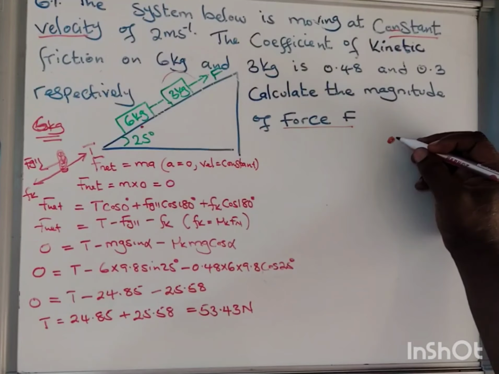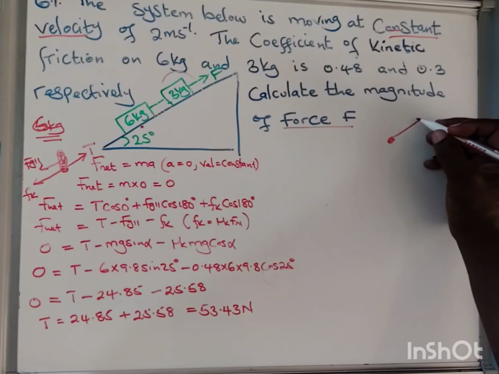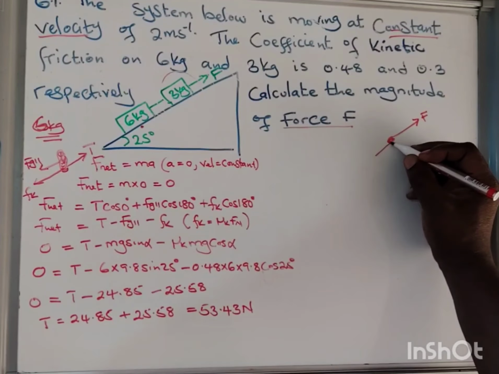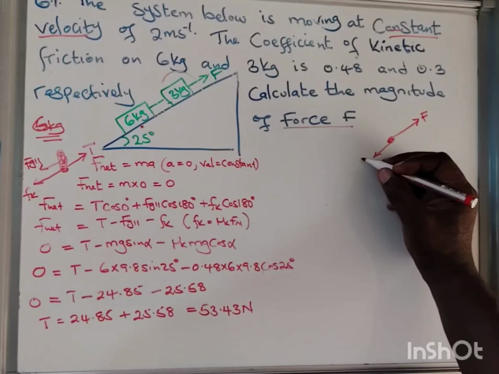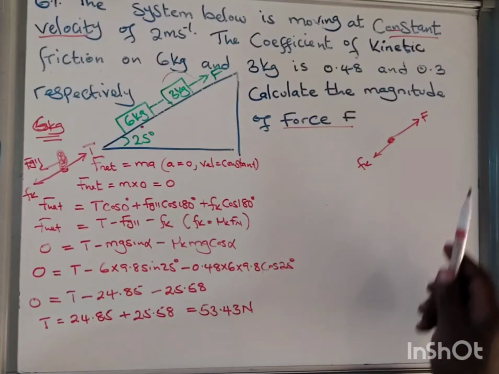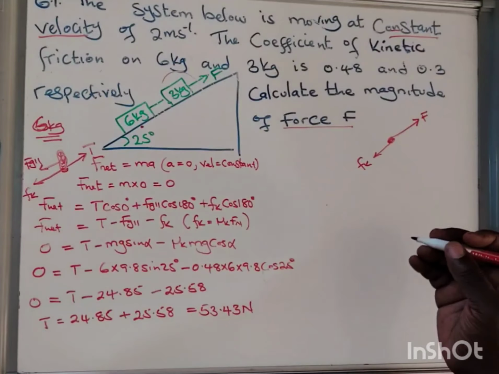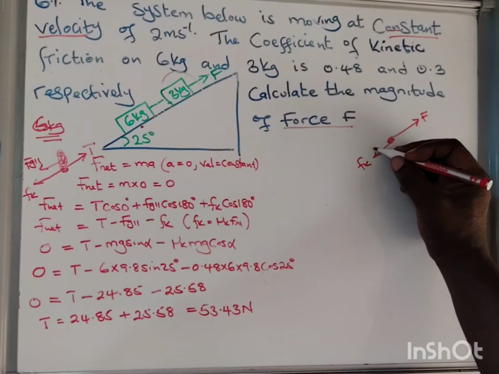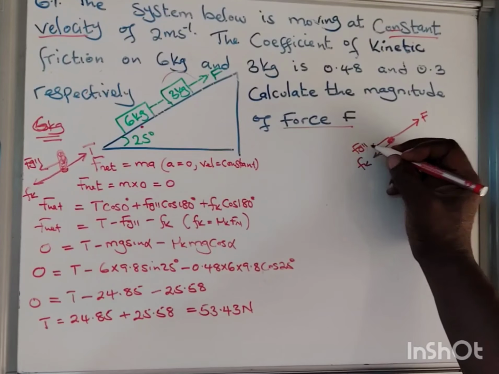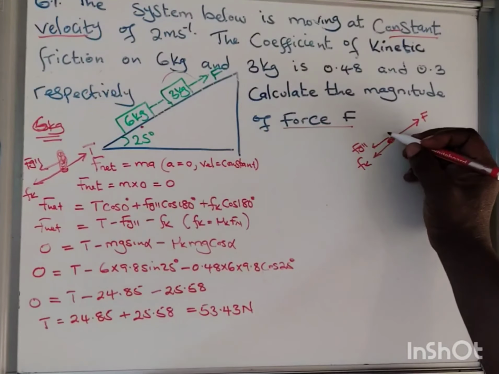Here we have our force F. Then you have other forces. One is going to be Fk, by virtue that there is a coefficient of kinetic friction. Next, we have the parallel component of the gravitational force, which is always acting downwards.